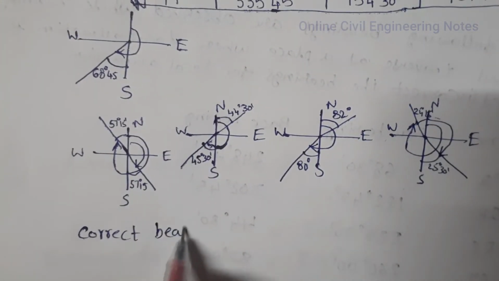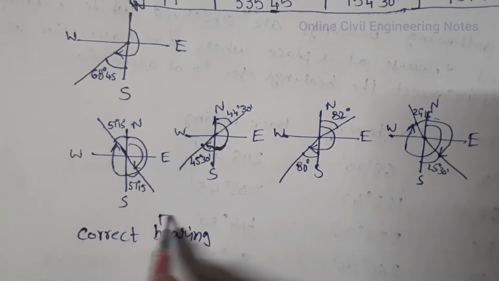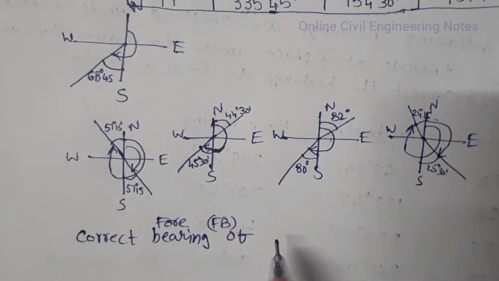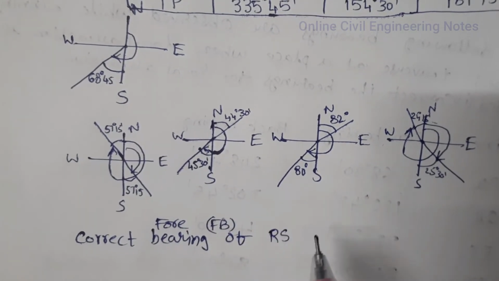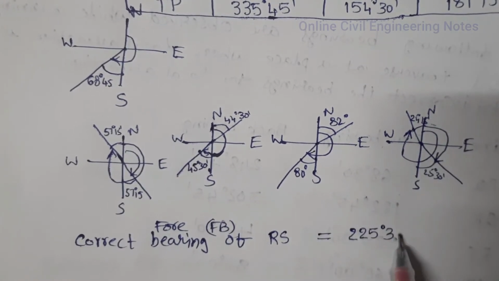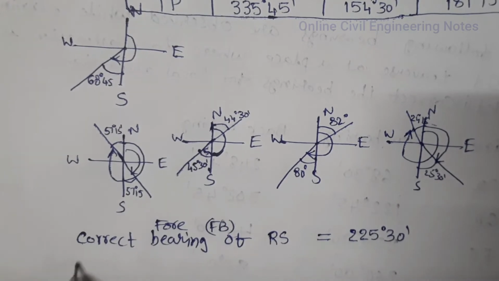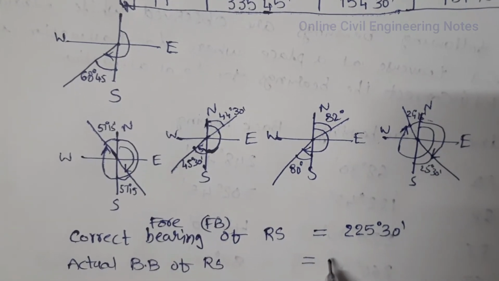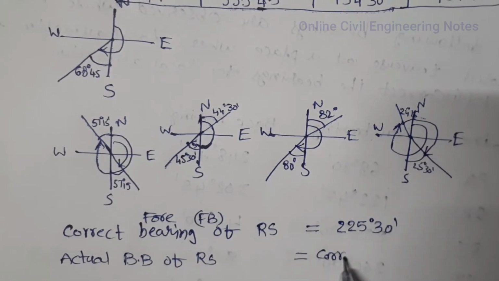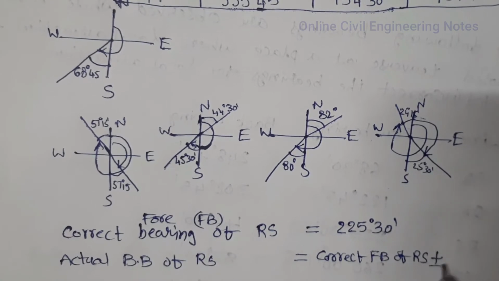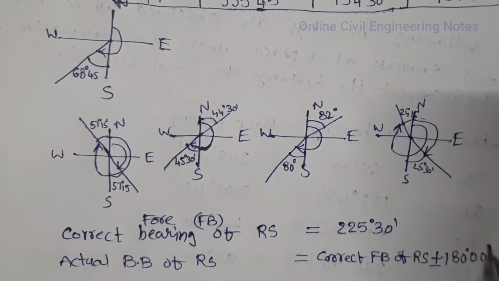Correct fore bearing of RS line is equal to 225 degrees 30 minutes. Actual back bearing of RS line is equal to correct fore bearing of RS plus or minus 180 degrees.